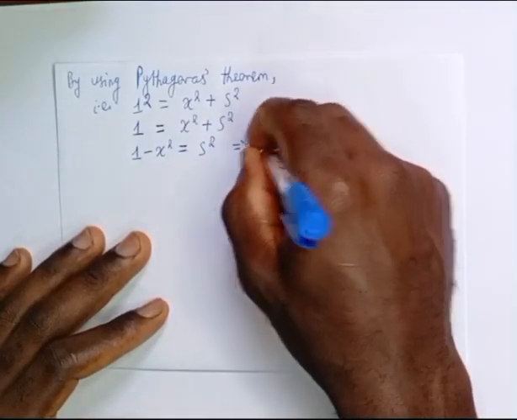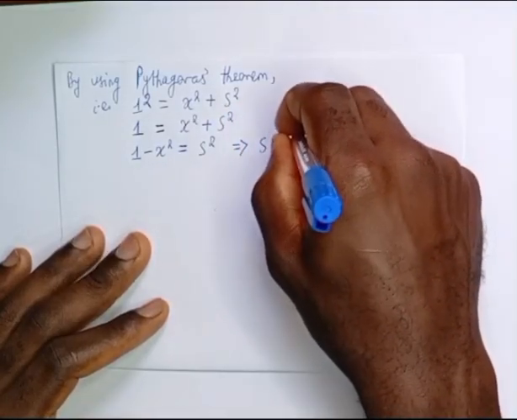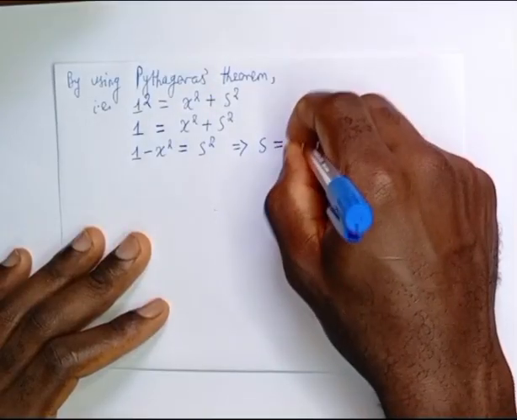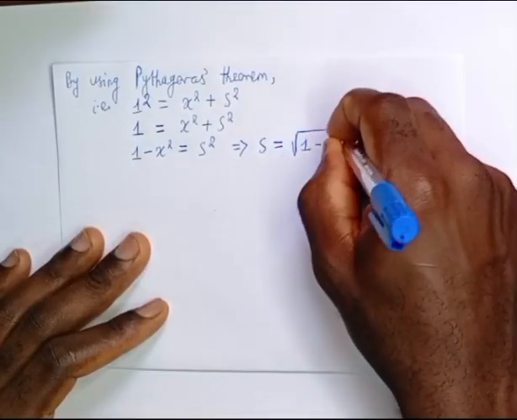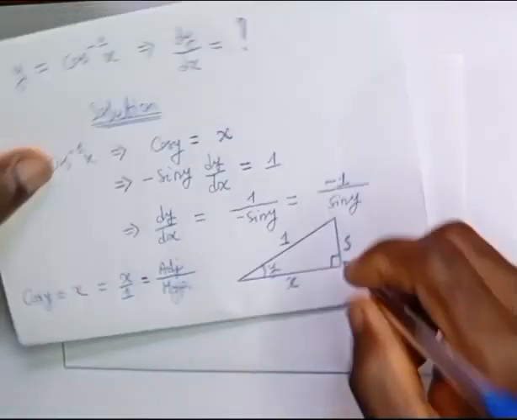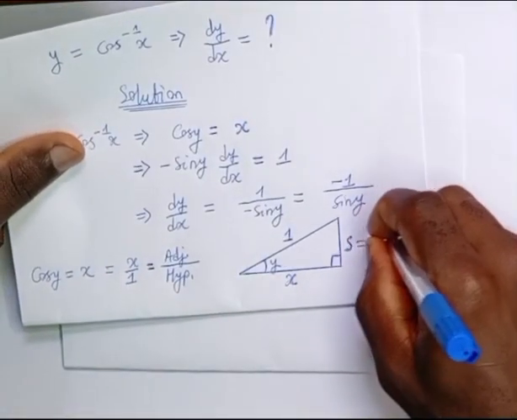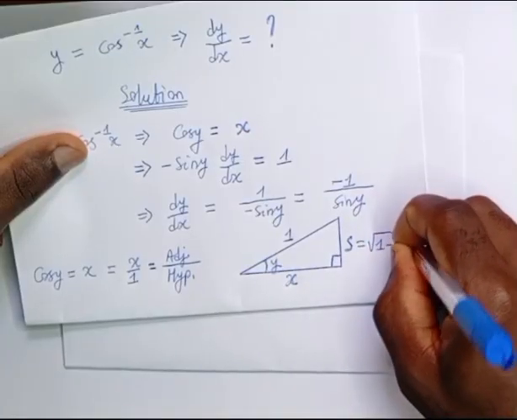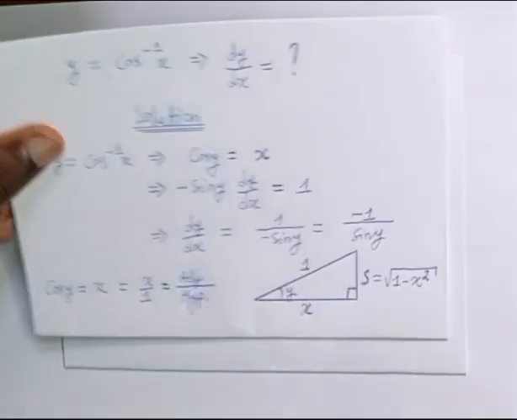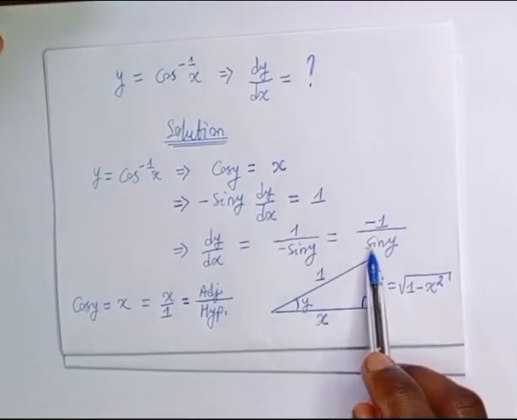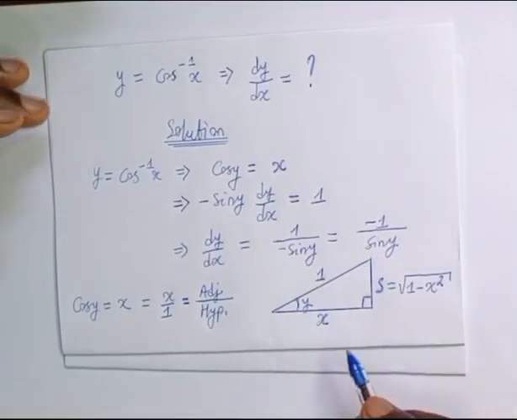Then s will simply be equal to the square root of 1 minus x squared. We are going to replace s with the square root of 1 minus x squared. Knowing the opposite, we can write down the sine of the angle y.